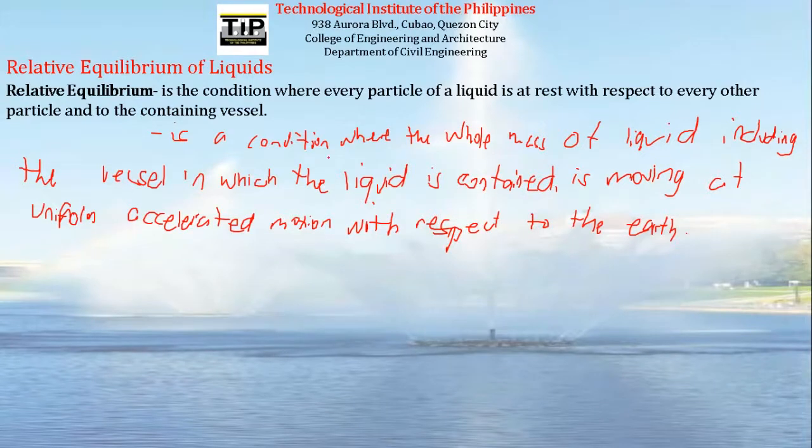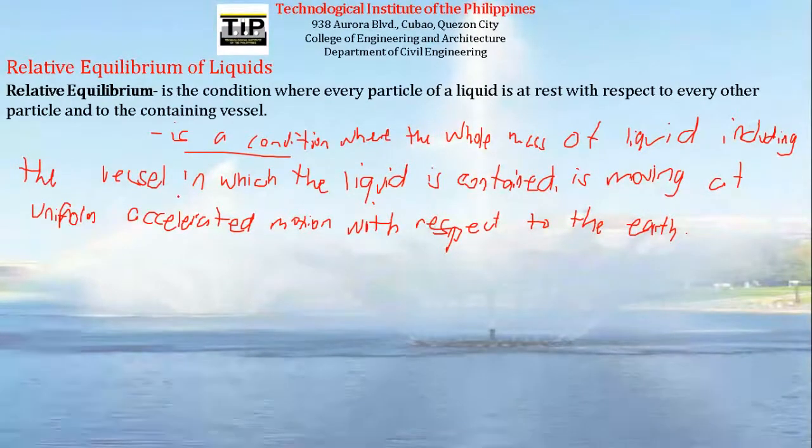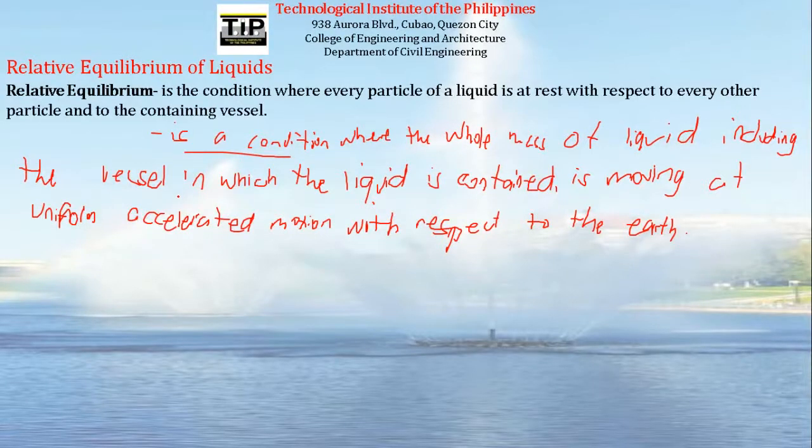Okay. Pagpasensyahan niyo na lang yung pangit na sulat. So the definition of relative equilibrium: it's a condition where the whole mass of liquid, including the vessel in which the liquid is contained, is moving at uniform accelerated motion with respect to the Earth.